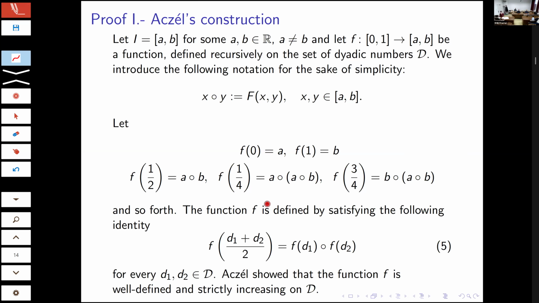I always split the interval into 4, and when I use A, then I take the first fourth and the third fourth when I take B as a composition, and so forth. So the first challenge might be to prove that this is a good definition, so it's well defined. That's what Acél did.